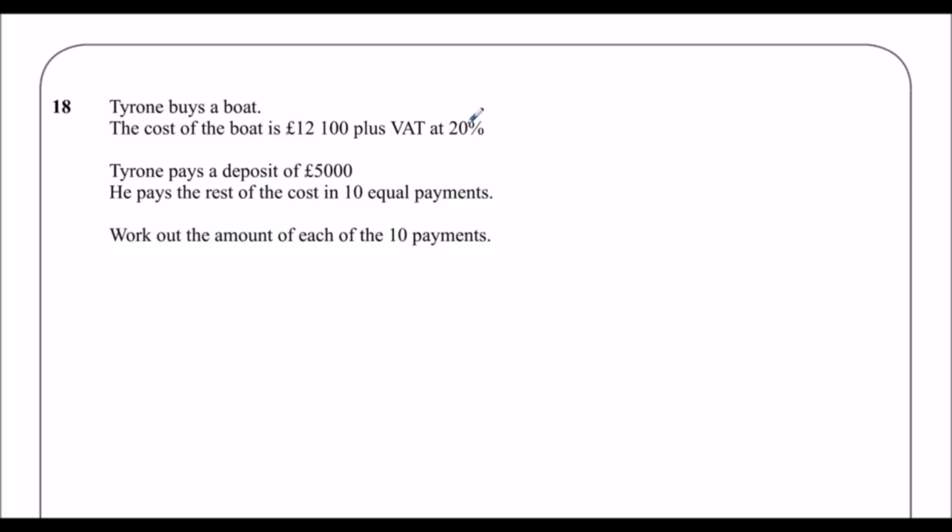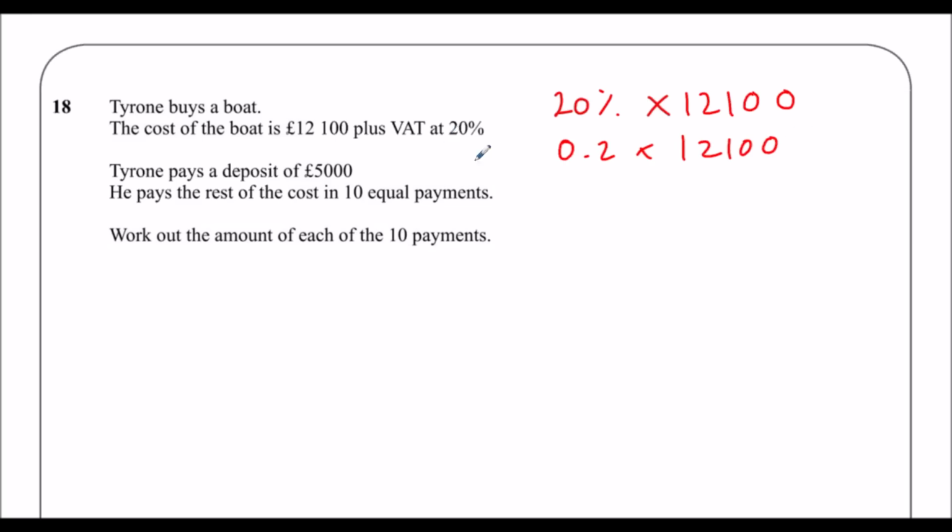So we need to add on 20% to the cost of the boat first. So we could work out 20% of, so times 12,100, and then add it on. So 0.2 times 12,100, and then add that on to 12,100.